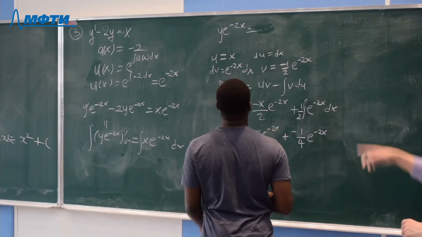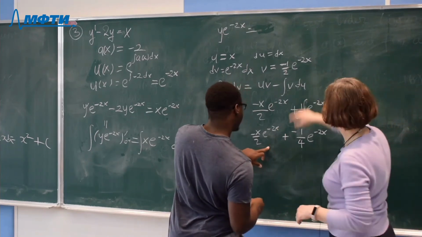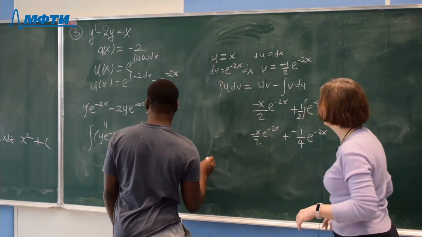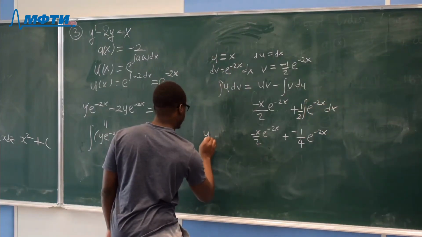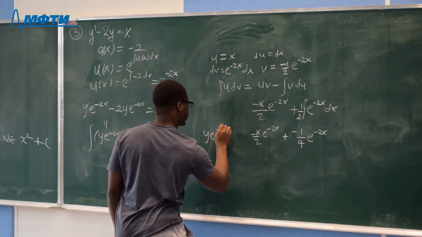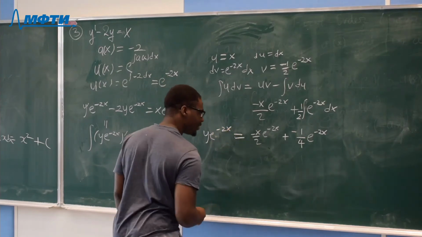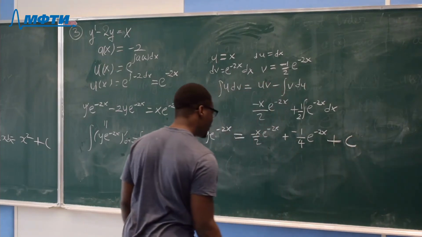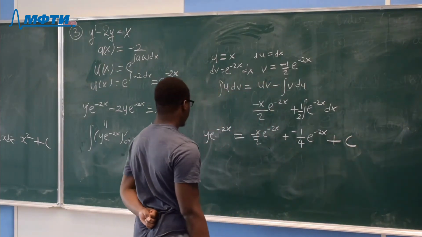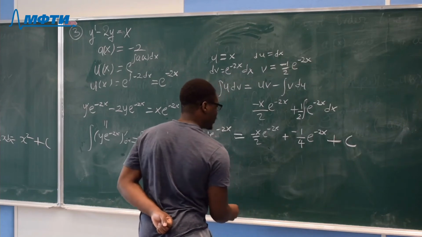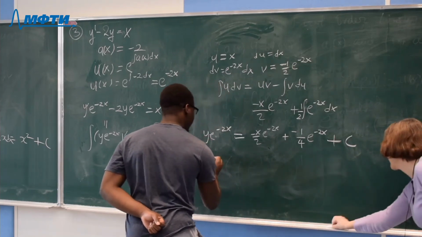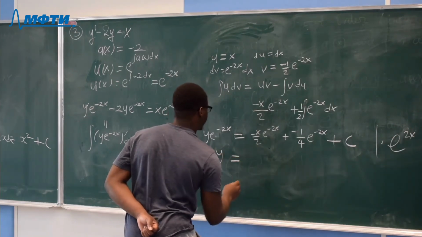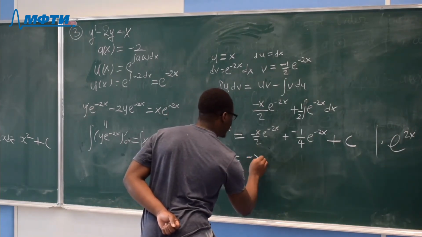Oh man, I messed it up. So rewrite this part here. y times e to minus 2x equals this plus c. You should add the constant, and then multiply both parts by e to 2x.